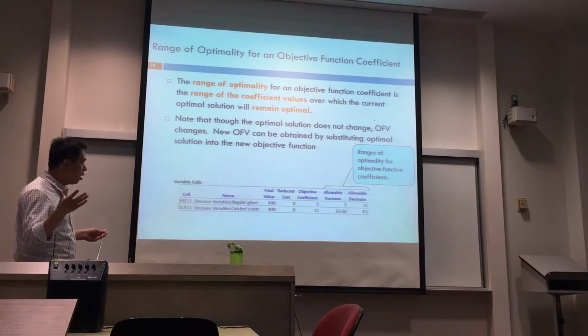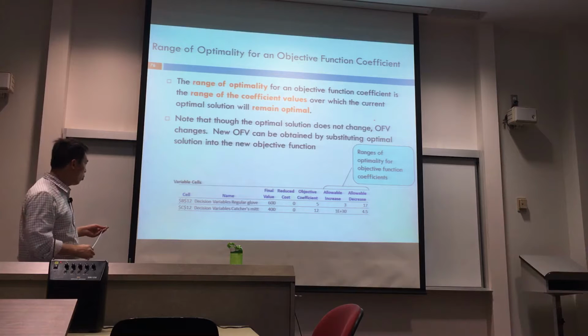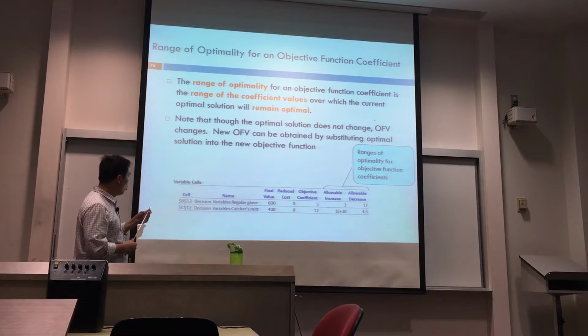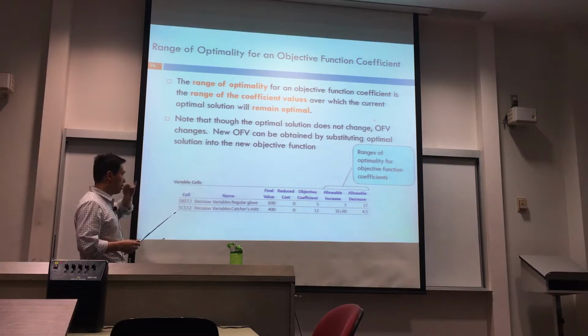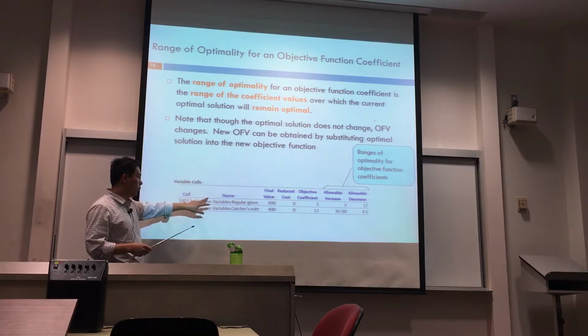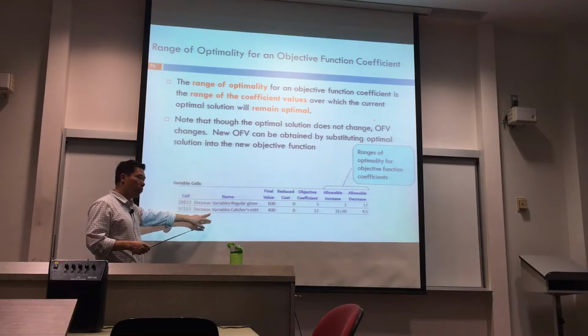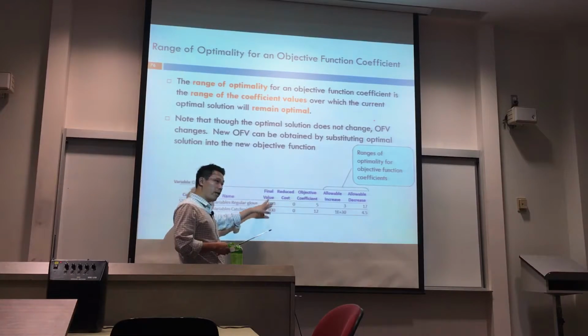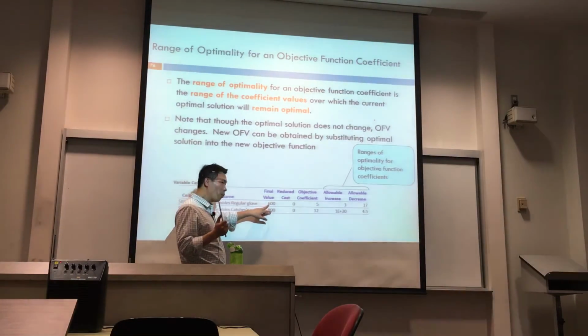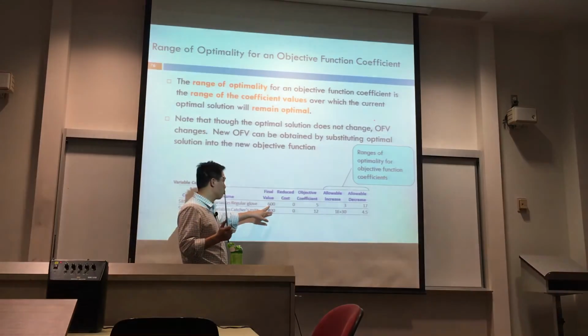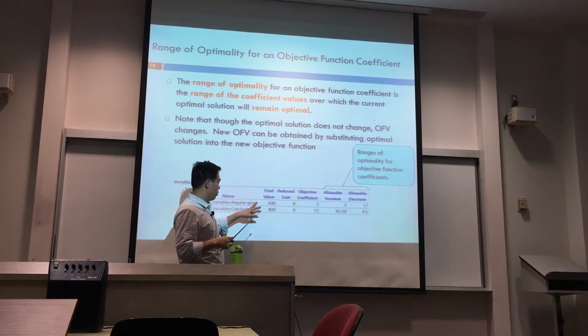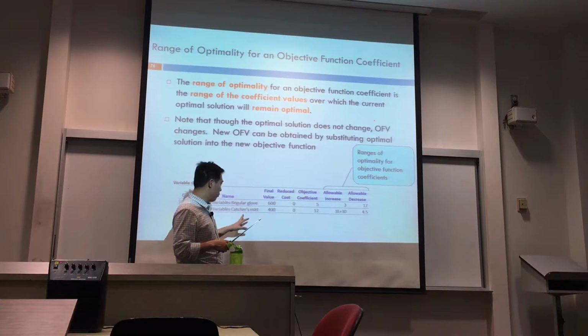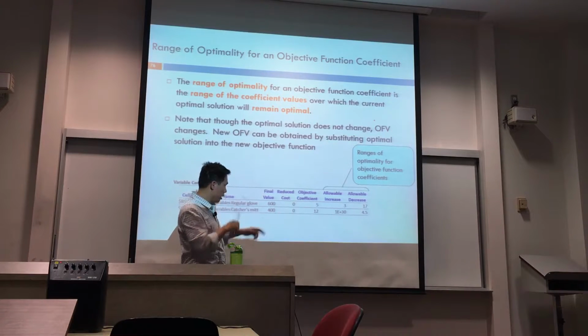So Excel Solver is going to give you such a report, okay? This table is variable cells. You have decision variable 1, decision variable 2. Those are the final values, so this means an optimal solution. In the optimal solution, the first variable is 600, the second variable is 400, okay?